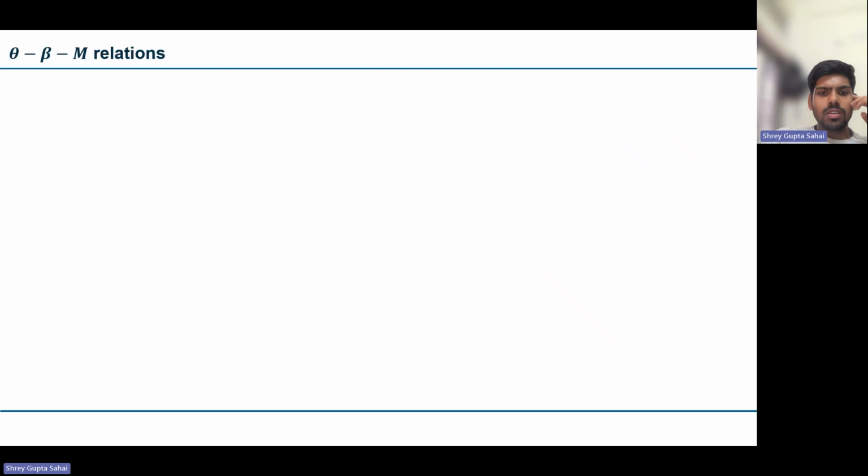So let me just jot down some relations. Okay. Let's look at the geometry for a while of oblique shocks. Basically, oblique shocks can be said to appear when the flow is deflected.